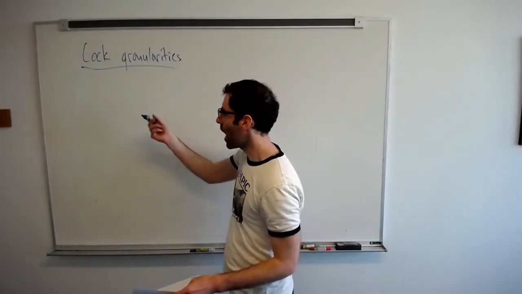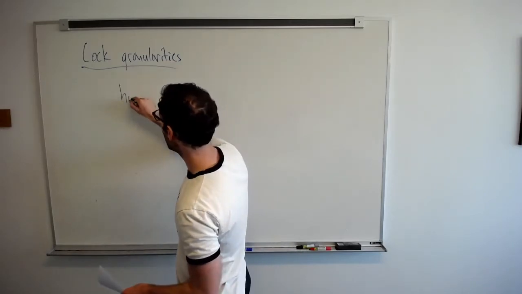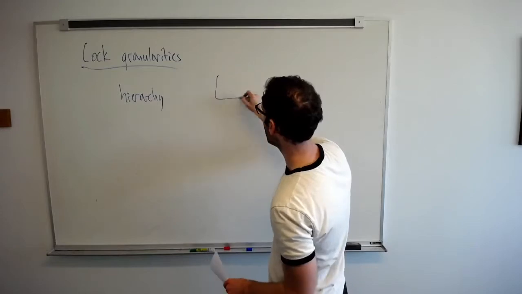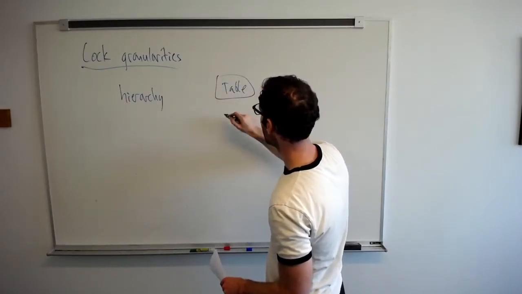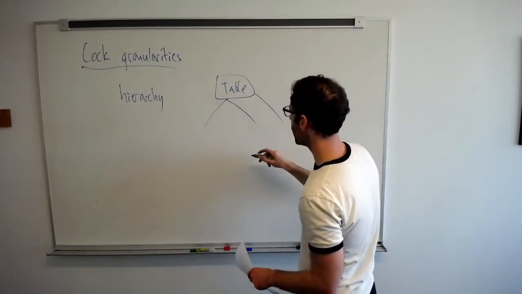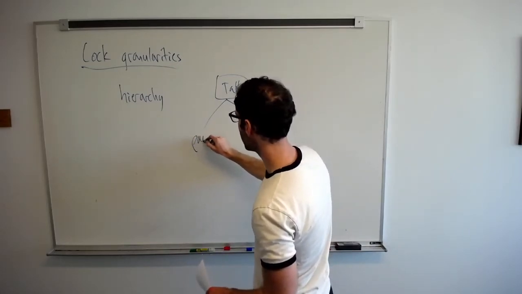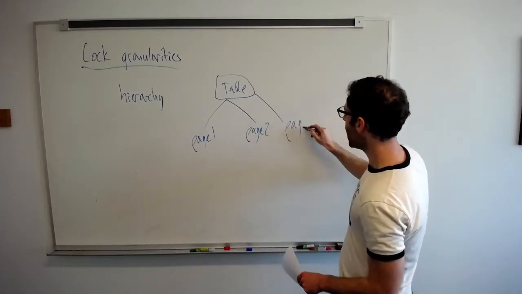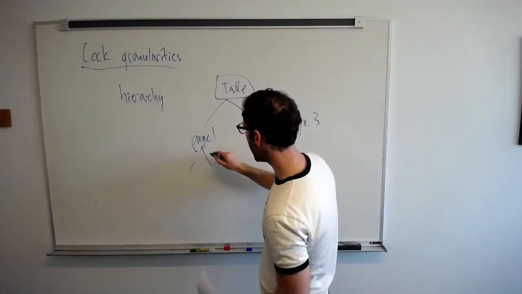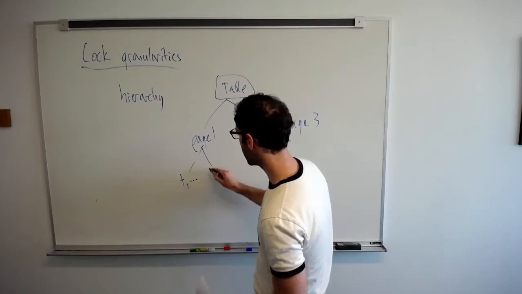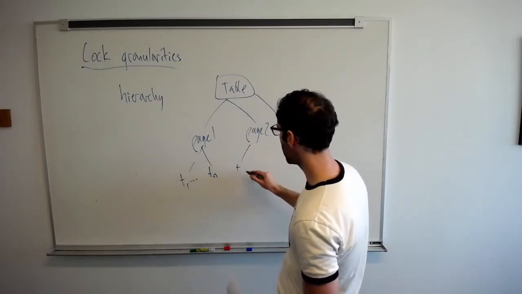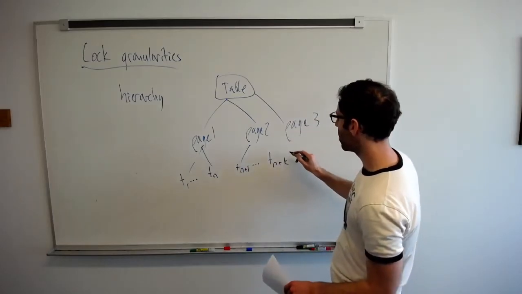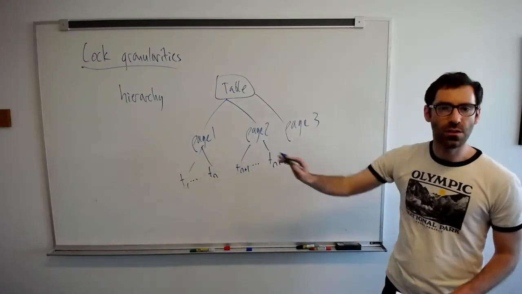And so we're actually going to have a hierarchy of locks where we have the table, and then within the table perhaps pages, and then within the pages we have individual tuples.